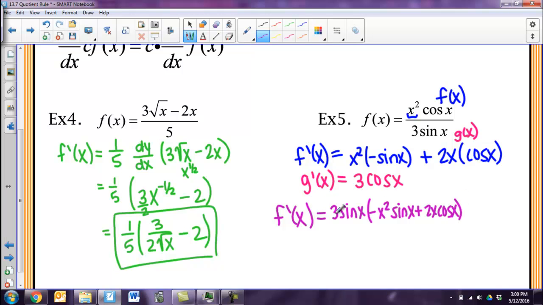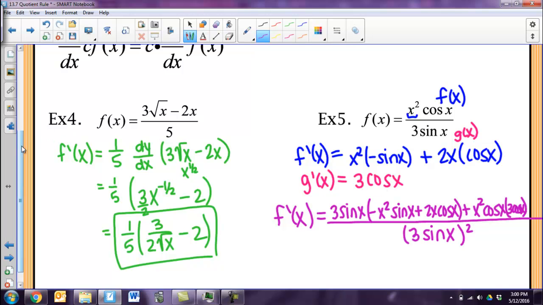So this is just low d high, minus high d low, which is x squared times cosine x, and then d low, so high d low, 3 cosine x, all over low low, so 3 sine x quantity squared.